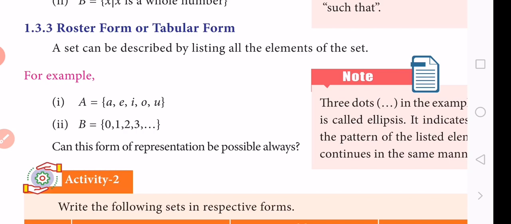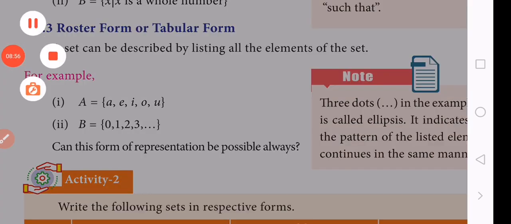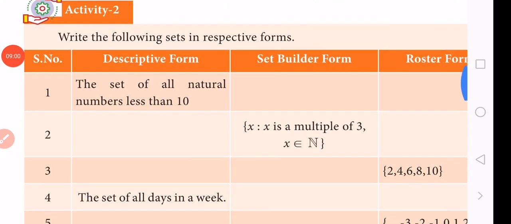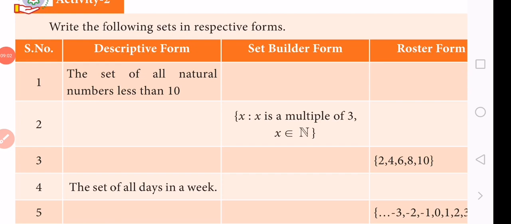So these are the three methods of representation of sets. Next, some important points in roster form, because in most of the sums we use the roster form or tabular form.